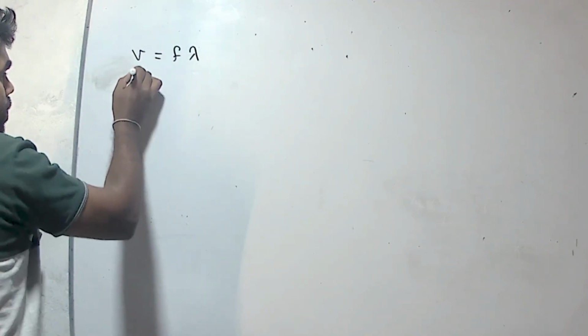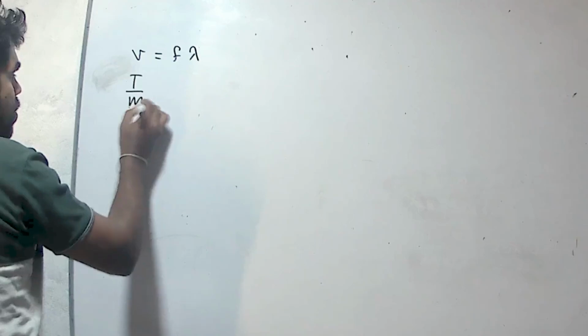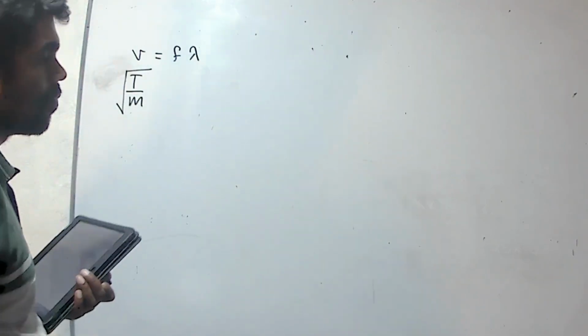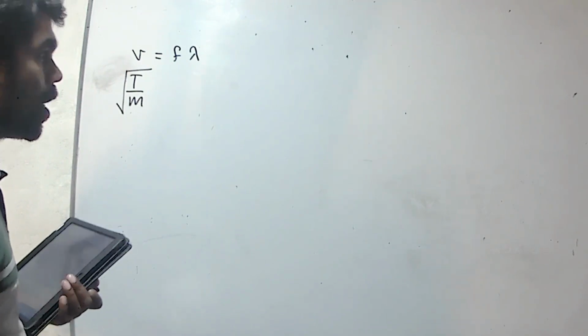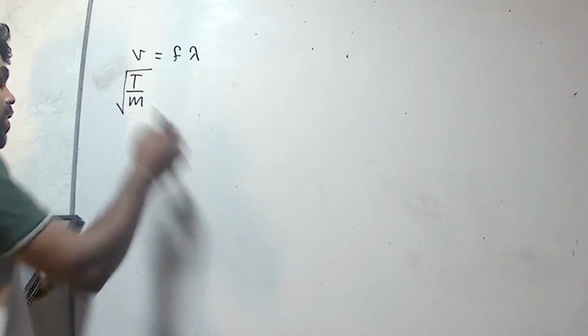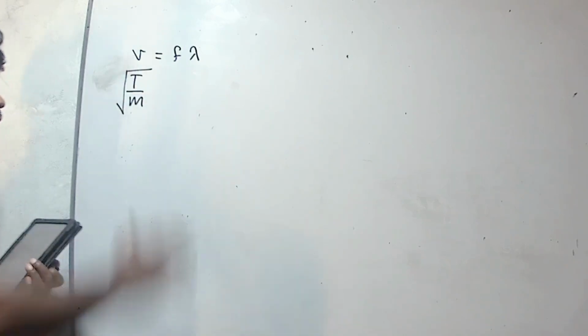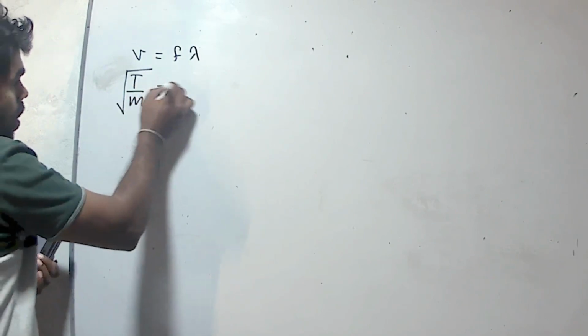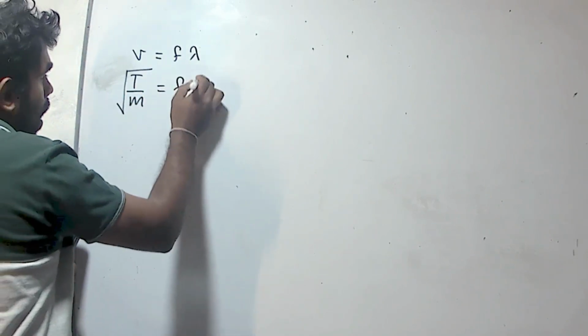Velocity of a wave in a string is the square root of tension over mass per unit length, or linear density. We can define it as linear density, mu. V equals F lambda.